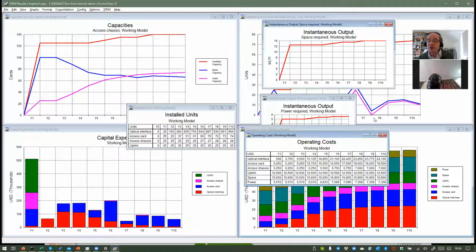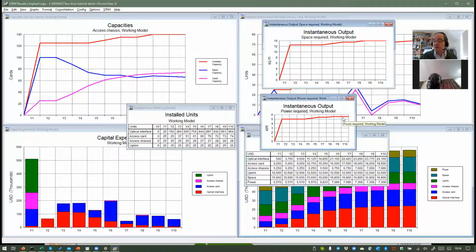That gives me a total power requirement here, which is 5 kilowatts, gradually increasing. The resource is saying it costs 15 cents per kilowatt hour. And actually the resource quietly knows how to work out how many hours there are in the year to then scale from 5 kilowatts to how many kilowatt hours there are in a year, and consequently what the actual cost is.